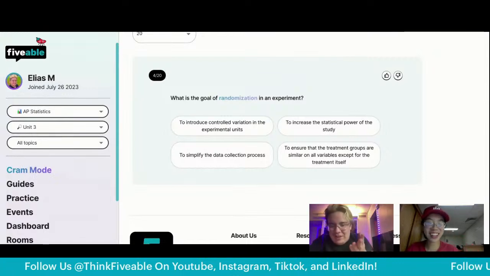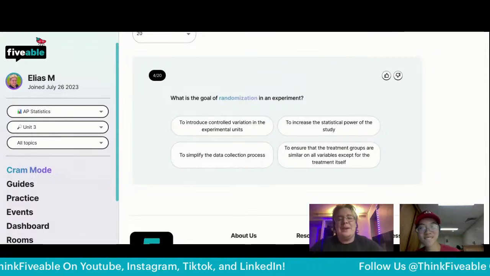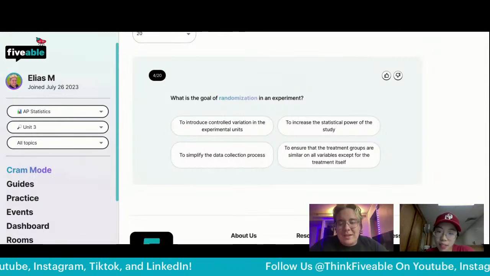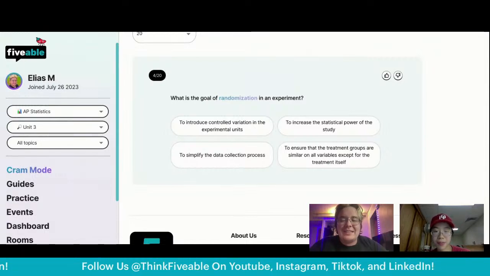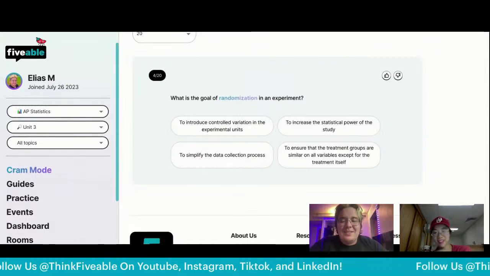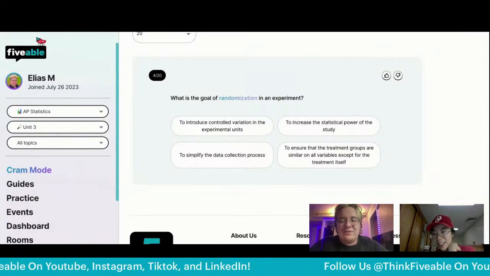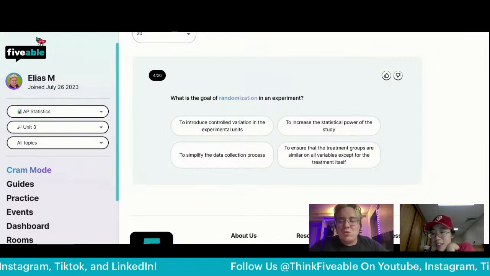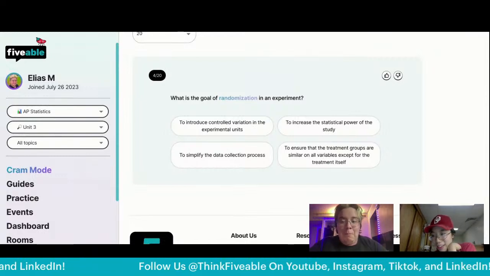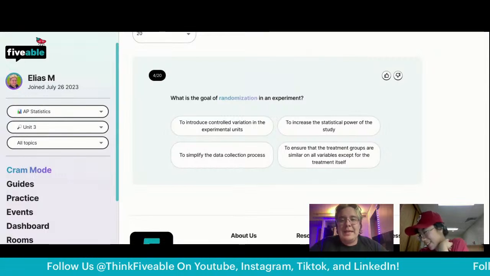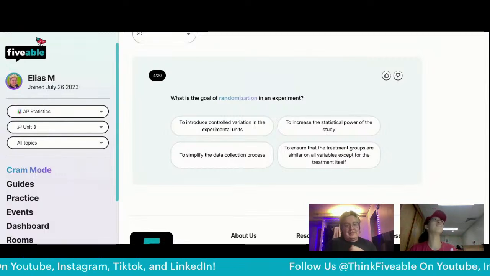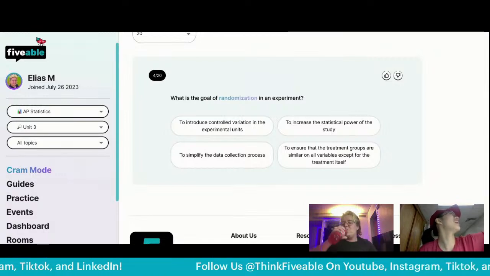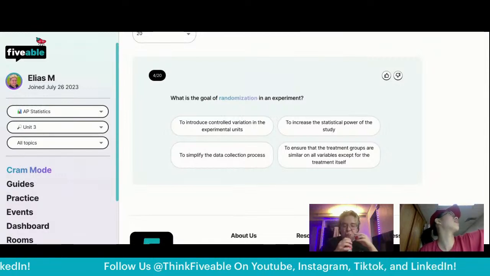Anyways, "to introduce controlled variation in the experimental units." Fun fact, guys, yes, variation is part of random, but controlled is not. If it's random, it's theoretically not controllable. Kind of the definition of the word.